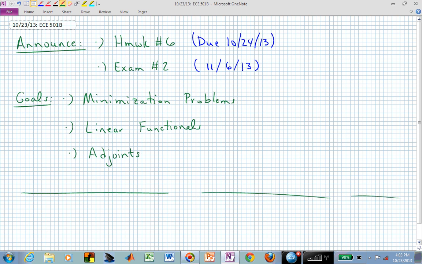So to start today, let's look at minimization problems, which really are a way to use what we just finished talking about in the previous lecture, the projection onto subspaces. So if you have a vector, you can decompose that vector into pieces that live or lie along these orthonormal basis vectors.